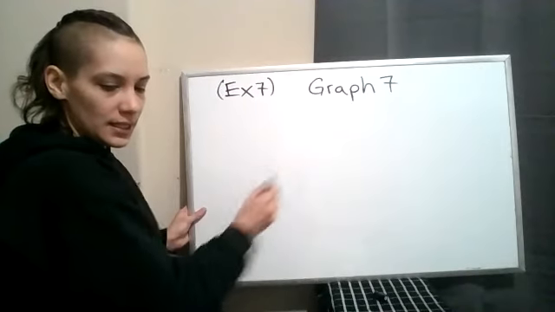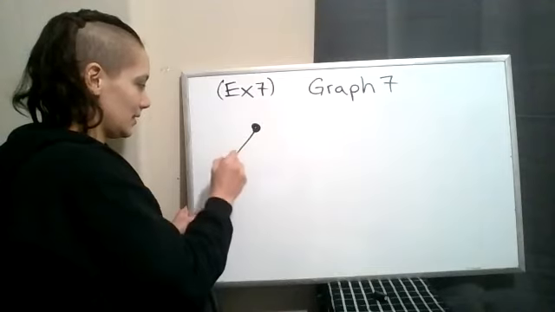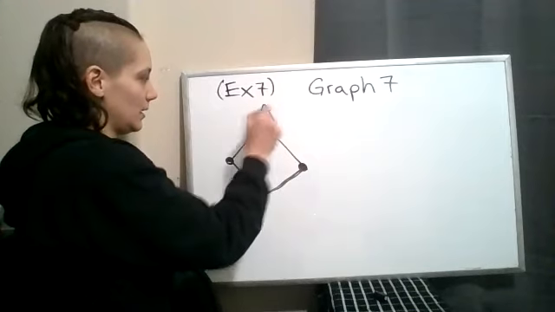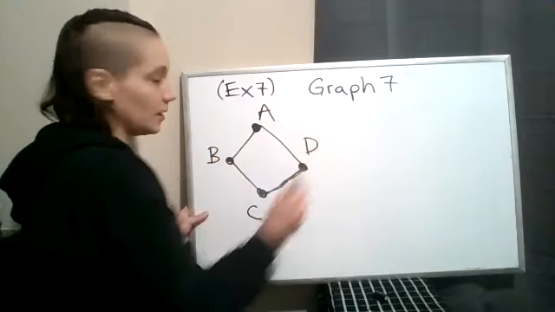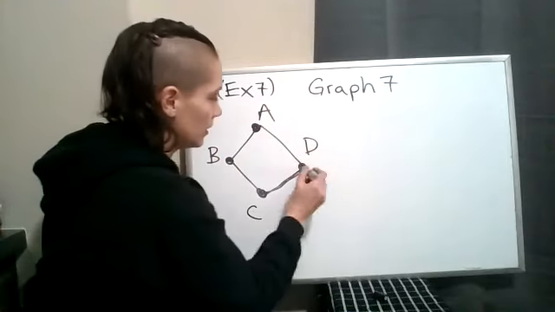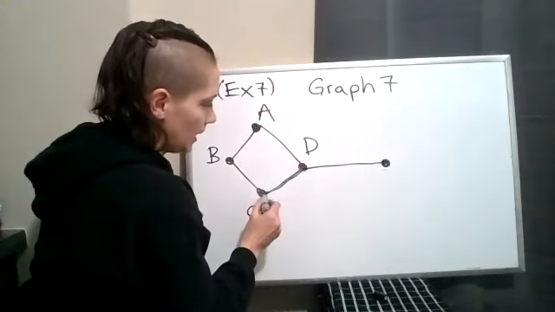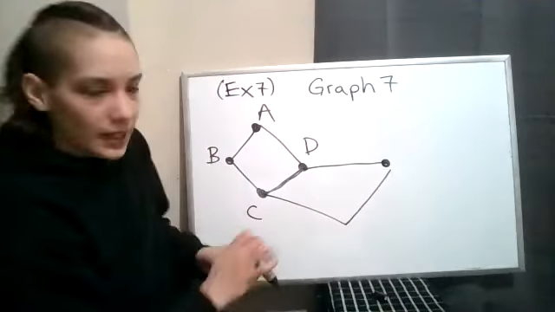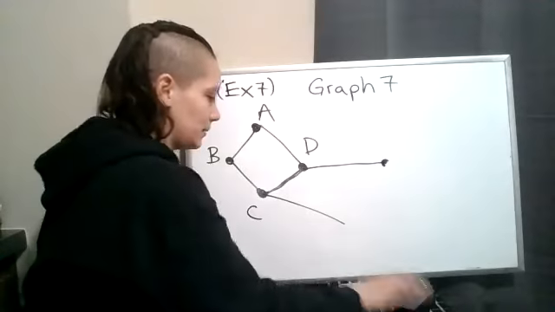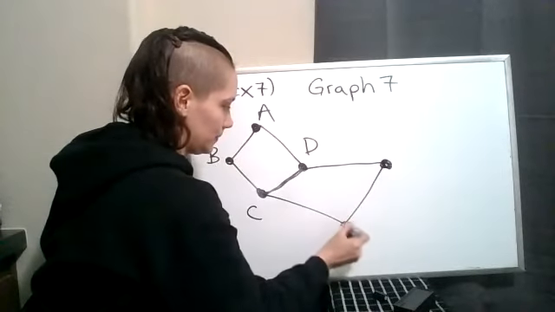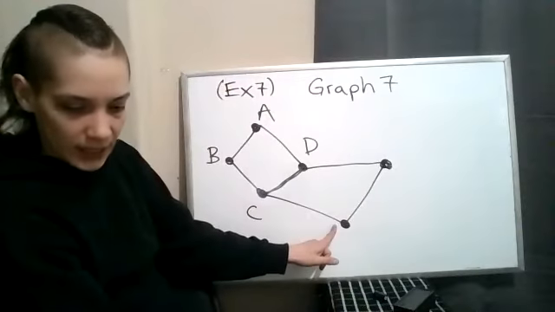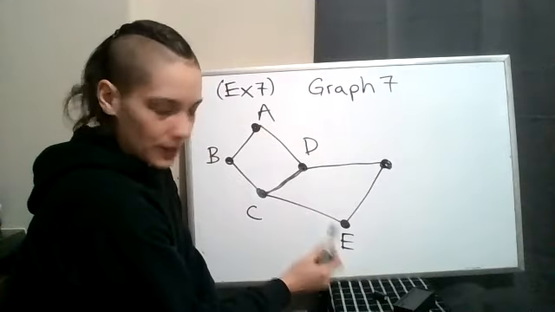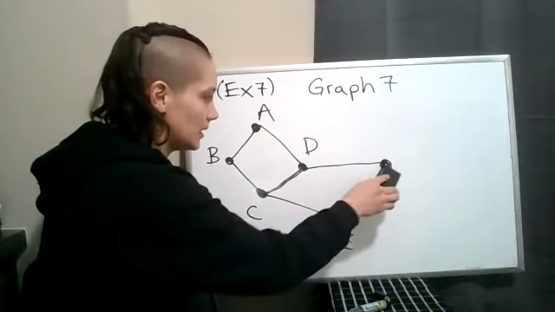So we've got A, B, C, D as a diamond. We're going to go over, and then we're going to go kind of bent like that. E. Oh, I'm missing a piece.